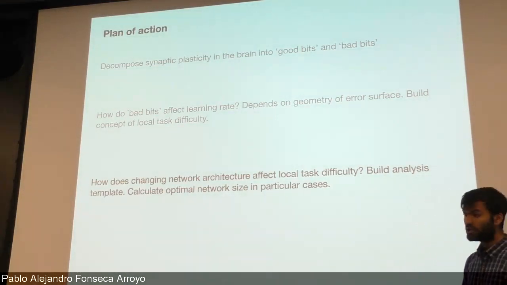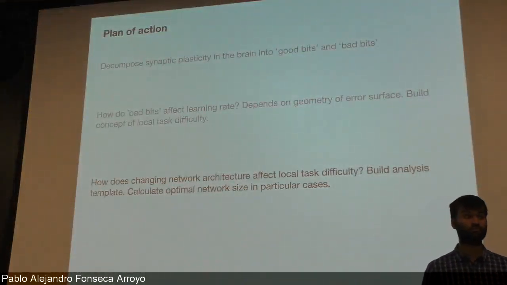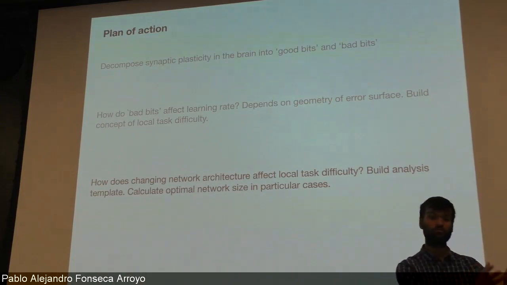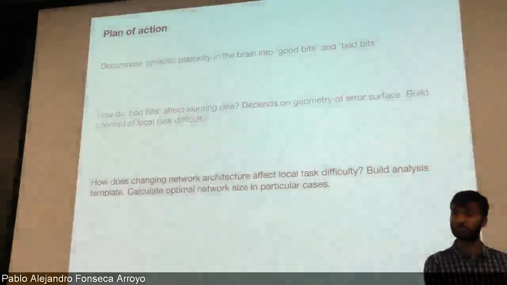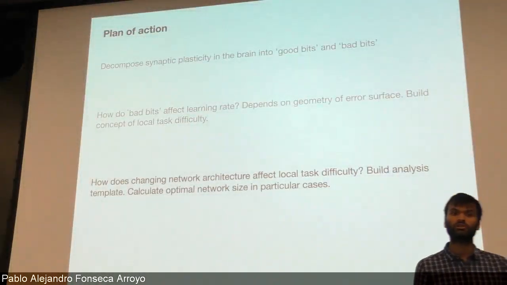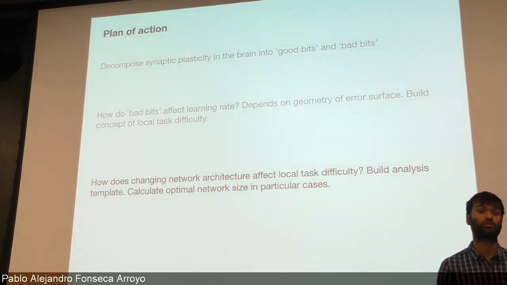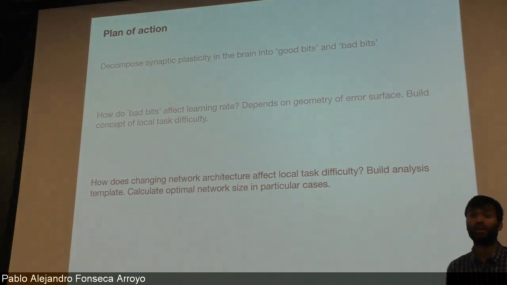I've related all this to the local geometry of the error function. Now I'm going to do a mapping from an arbitrary network at an arbitrary weight vector, an arbitrary state, to a different neural network, and that mapping is going to change the geometry of the error function. That changes how much curvature I have in the average direction, and therefore changes my learning rate.